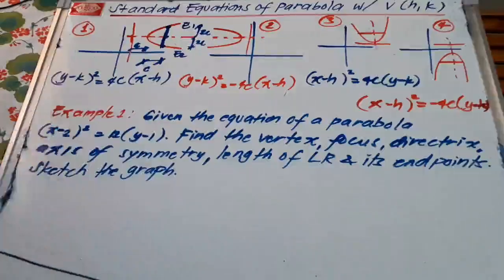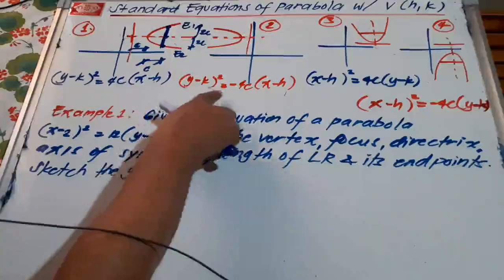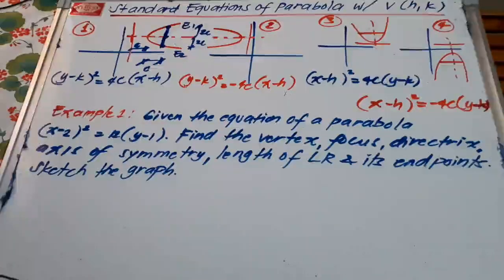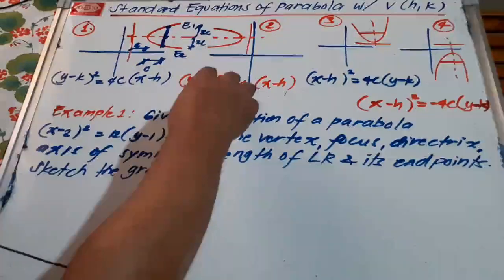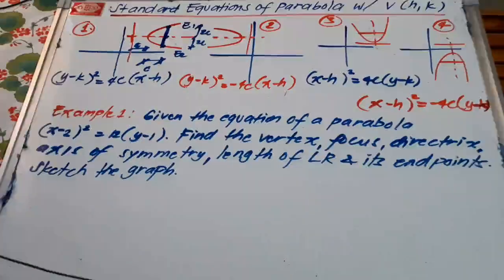Okay? Now, how about the second equation? The second equation is (y minus k) squared equals negative 4c times quantity (x minus h). Again, quadratic si y, linear si x, and then the graph of this equation is a parabola that opens to the left. Okay?